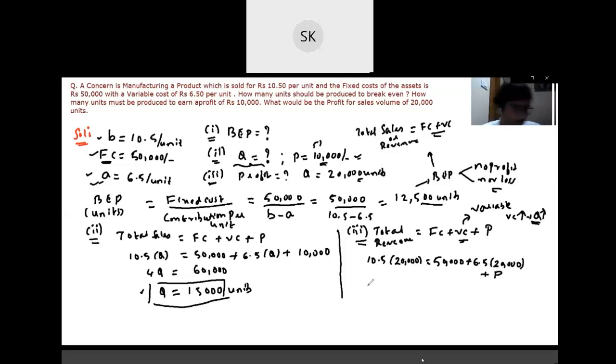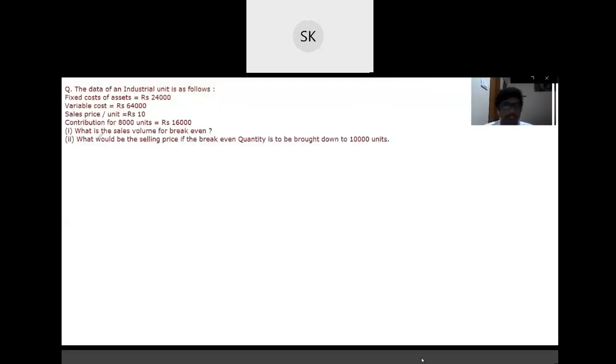Now the another formula is profit by contribution into sales. Now to find the profit, what is the formula? Sales minus cost, that is, selling price minus cost price. Right? We have got all the formulas in the previous class.